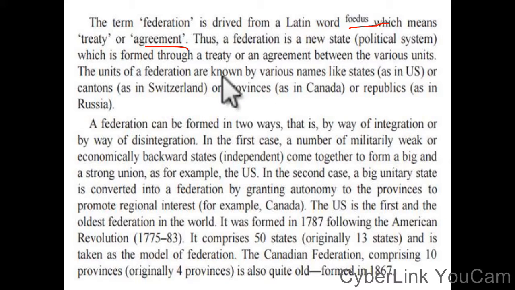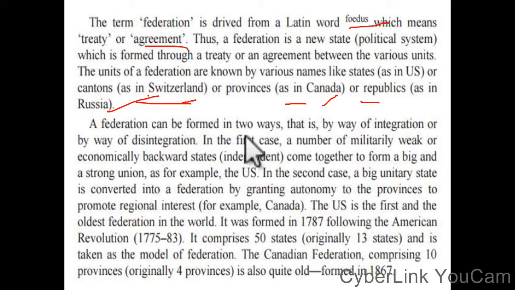The units of a federation are known by various names: states as in the US, cantons in Switzerland, provinces in Canada, and republics in Austria.